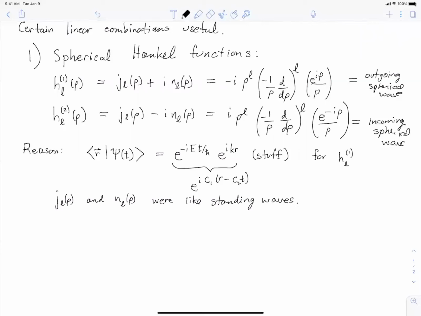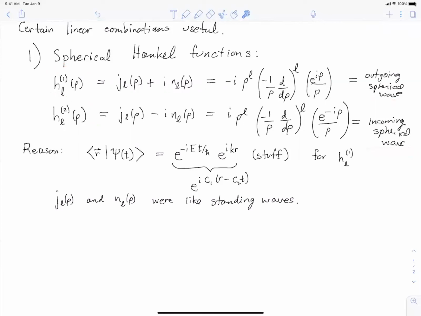Okay, so these linear combinations, when I say they're useful, what they're useful for is we're going to use this one whenever we know that the physical situation should correspond to an outgoing spherical wave. This is much more common than the opposite case. HL2 is relatively rare because that's an incoming spherical wave.